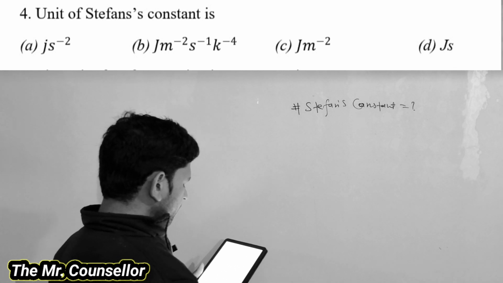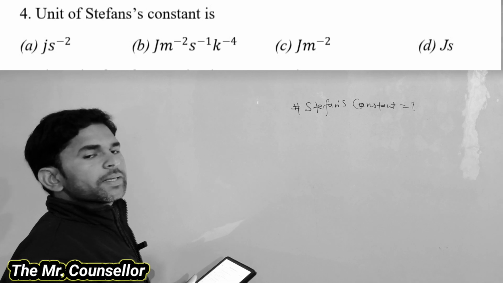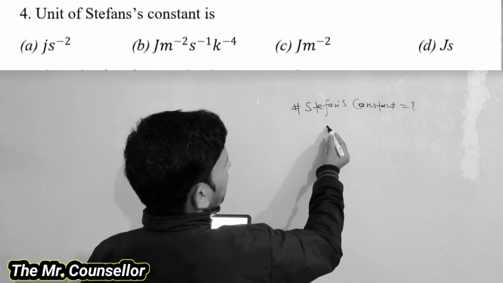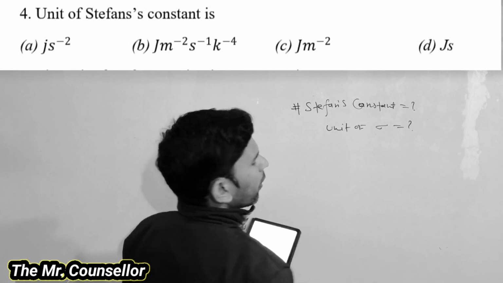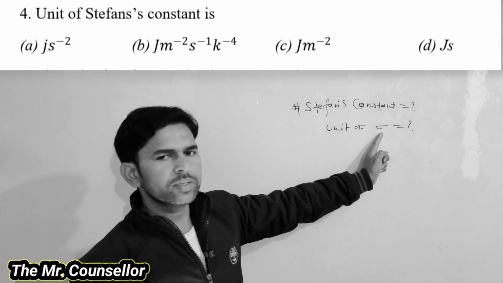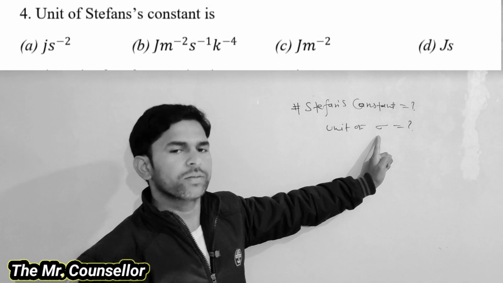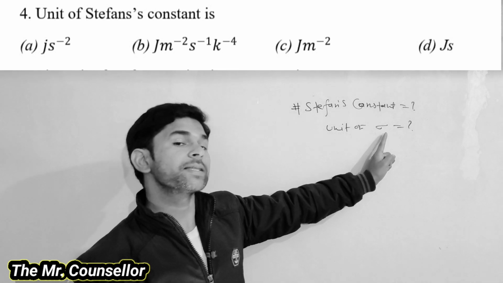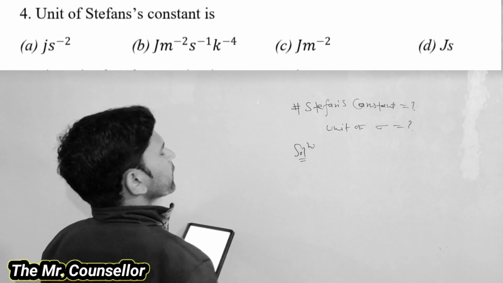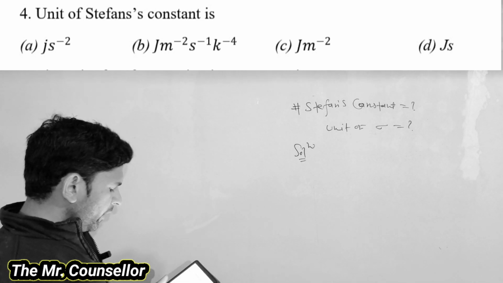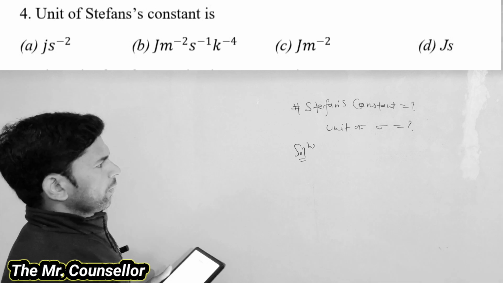So we need to find the Stefan constant. Keep in mind one thing, that when they ask the unit of Stefan's constant, we can write here the unit of sigma. Sigma we can consider as the Stefan constant. So how can we find it? You can see the solution. Whenever you are going to find the Stefan constant, you write Stefan's formula.